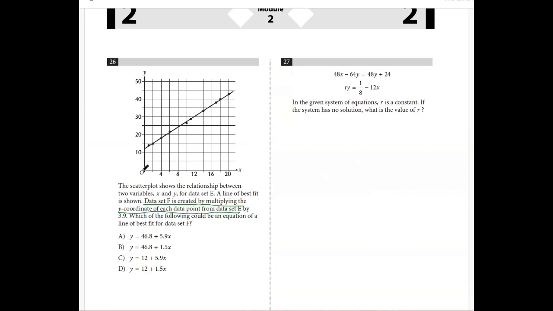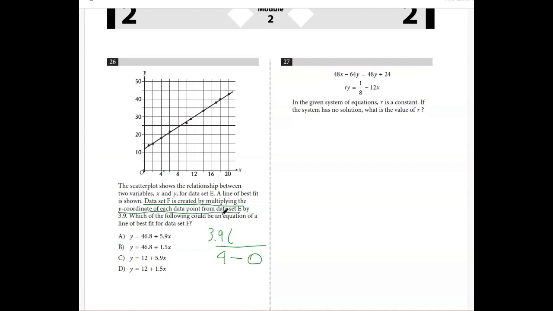Since we're going to have to multiply the y-coordinates by 3.9, I'm going to go ahead and pick 2 points, 0 and 4 here. So 4 minus 0. But don't forget to multiply 3.9 to all of this here.